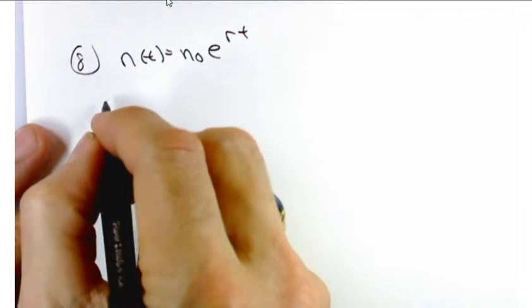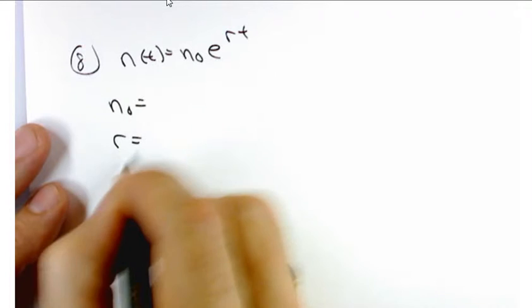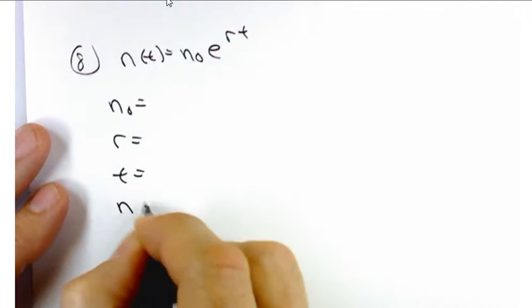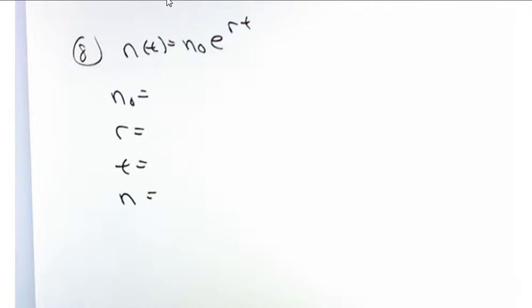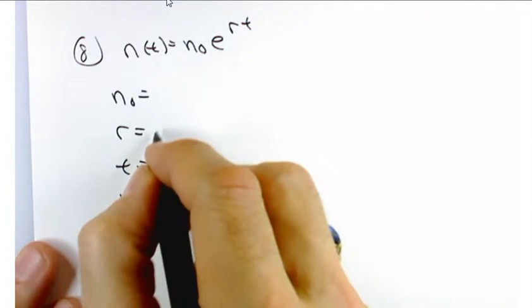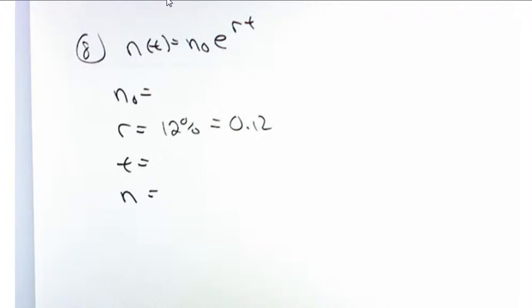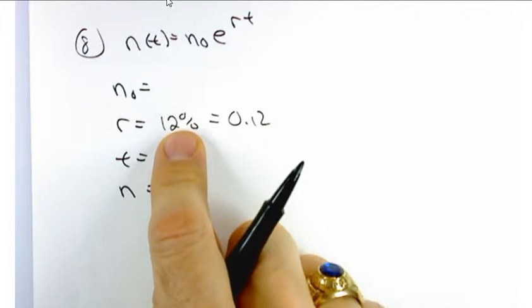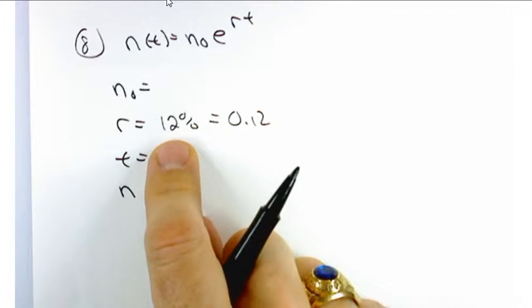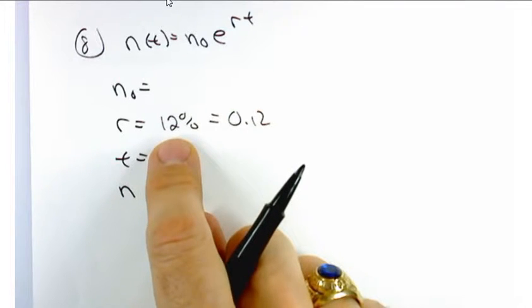Let's figure out what we know. N sub 0, r, t, and N. What numbers do we know out of this one for part A when we're working with a 12% growth rate? Good. 0.12 for r. Make sure that you return that to a decimal. Don't leave it as 12, otherwise you're really telling your problem that you have 1200% growth rate, which would be pretty phenomenal. Also probably get out of control really fast.